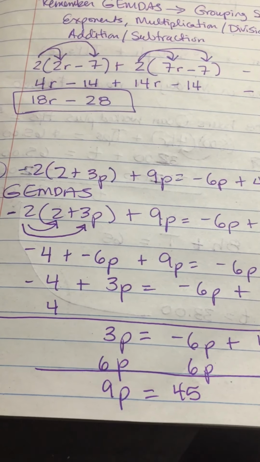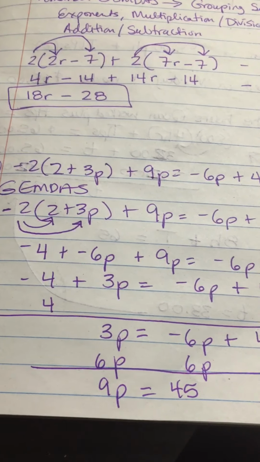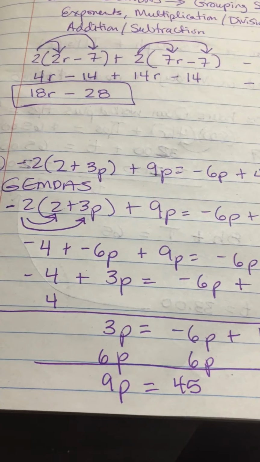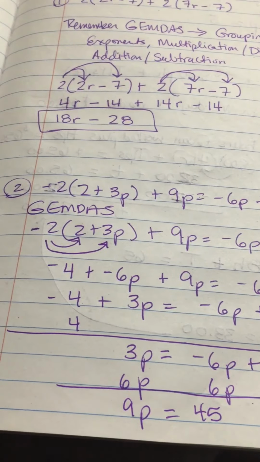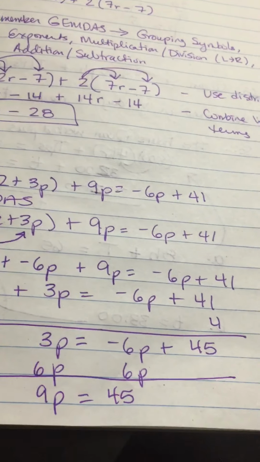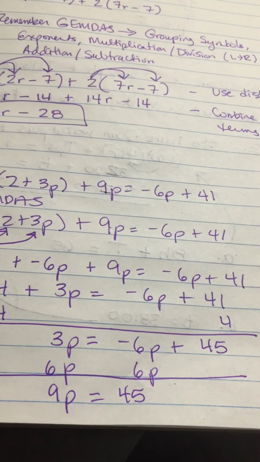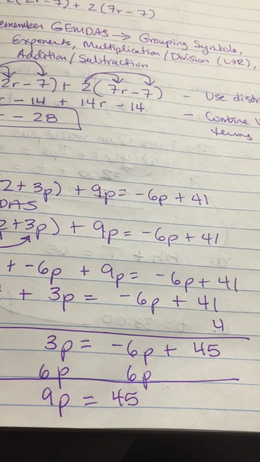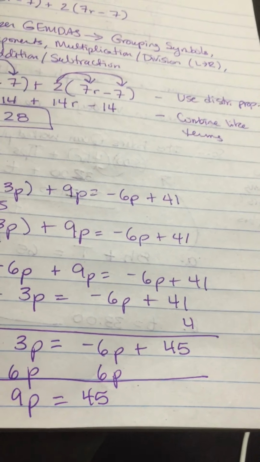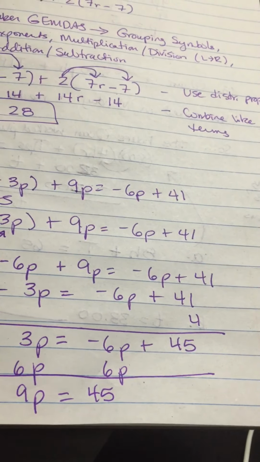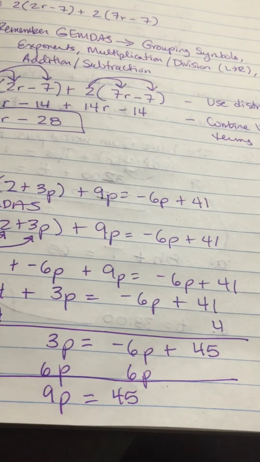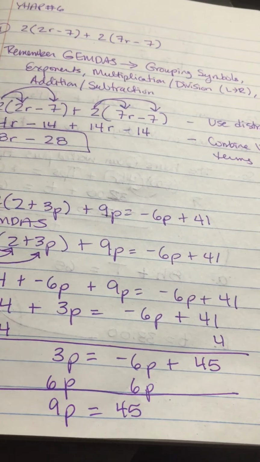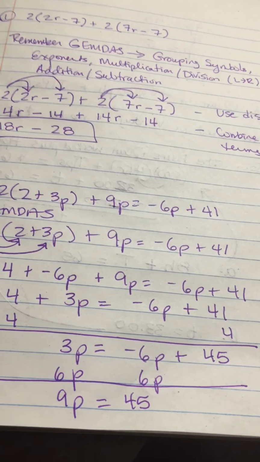Because this is a negative 4, I'm going to add 4. Negative 4 and 4 result in 0, so they cancel each other out. I am left on the left-hand side with 3p, and on the right-hand side I have negative 6p, and I'm going to combine the positive 4 with the positive 41, and my result will be 45.